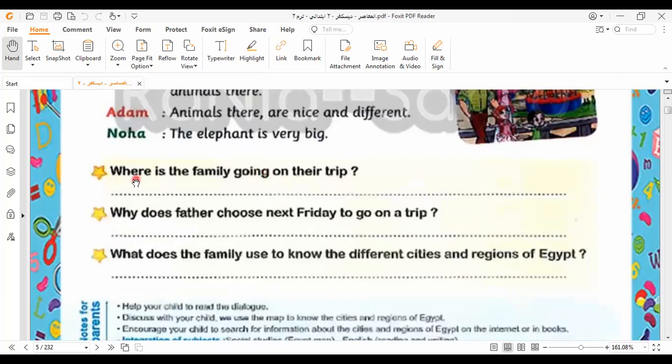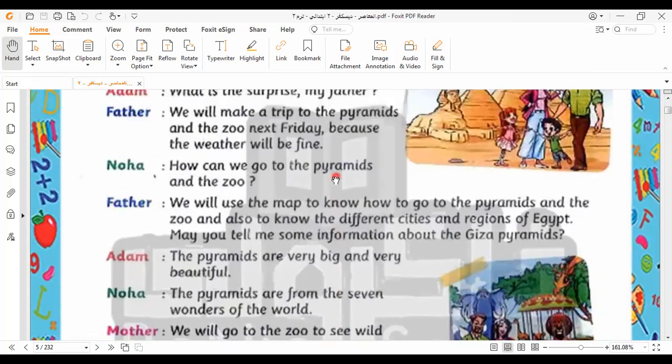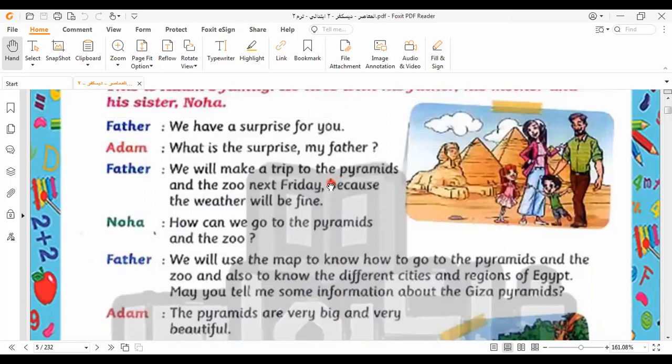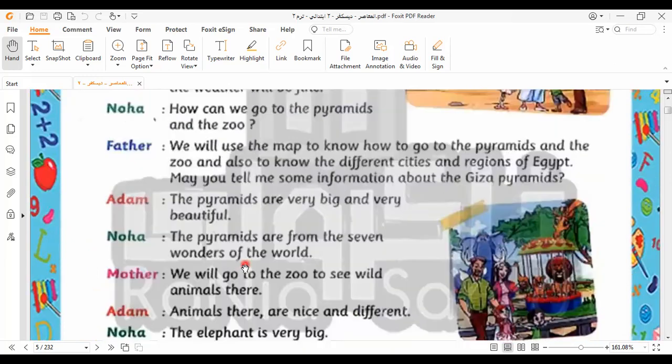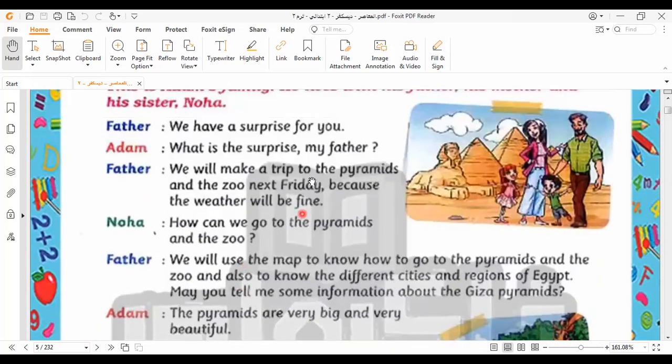So where is the family going on their trip? We ask about place. We took it in English, and we know the WH questions. Where is asking about the place.